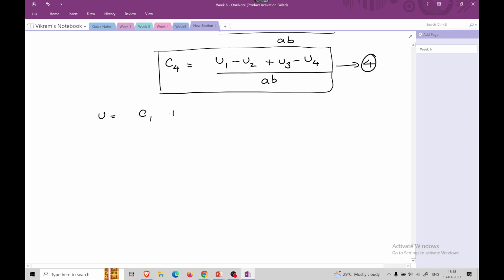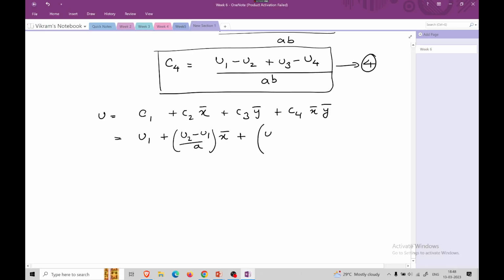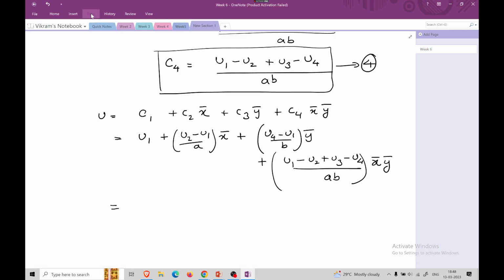U is C1 plus C2 x bar plus C3 y bar plus C4 x bar y bar. So C1 is nothing but U1, C2 is U2 minus U1 by A into x bar, plus U4 minus U1 by B into y bar, plus this whole thing U1 minus U2 plus U3 minus U4 by AB into x bar y bar. I am going to group all the U1 terms together first.